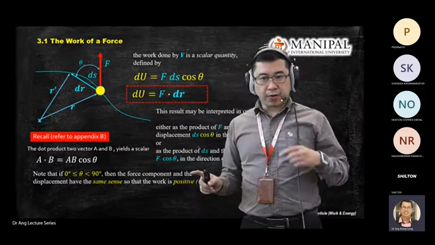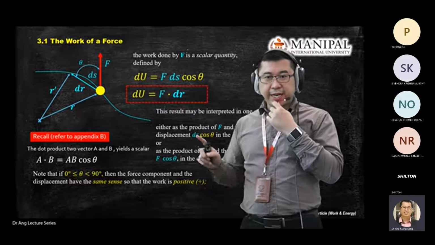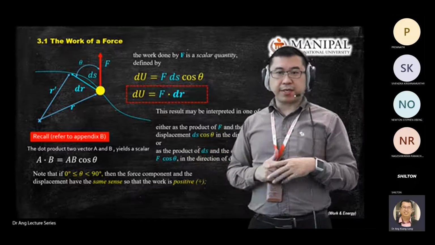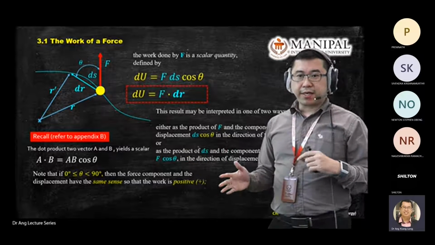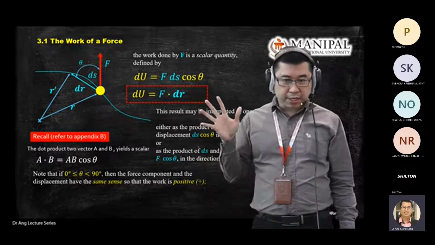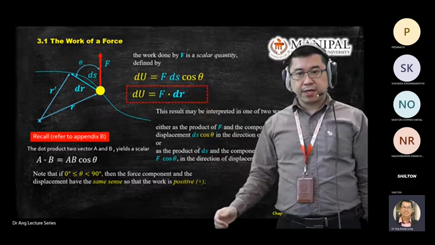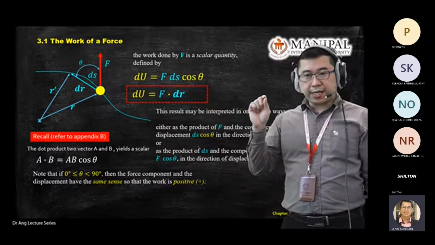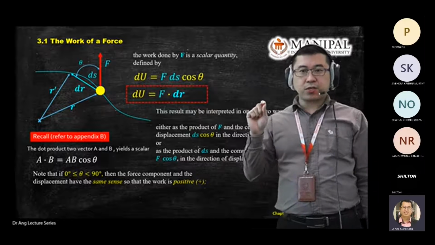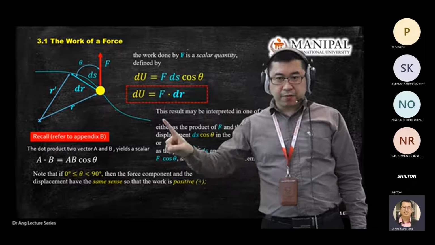Okay? Take note. This starts to give you the direction of the work. When you get a negative value, what does it mean? When you get a positive value, what does it mean? This will lay the foundation of the calculation later. These slides will lay the fundamental understanding for your answers later on. Because in the exam or test later on, there will be a particular section asking you to explain why you get negative, why you get positive for the work done.